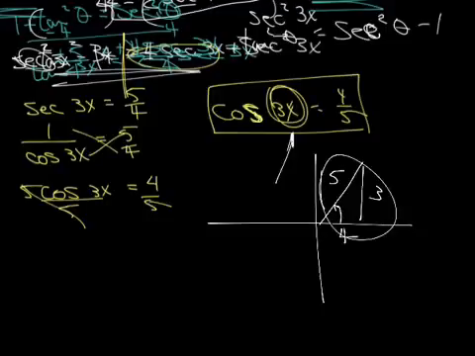So you could take the arc cosine of 4/5, and it would give you that angle, and then you would divide it by this 3 to give you what your x is. So your arc cosine of 4/5, let's see if we can find out what that is. 4 divided by 5, and we're going to take the arc cosine, and it's about a 36.87 degree angle.